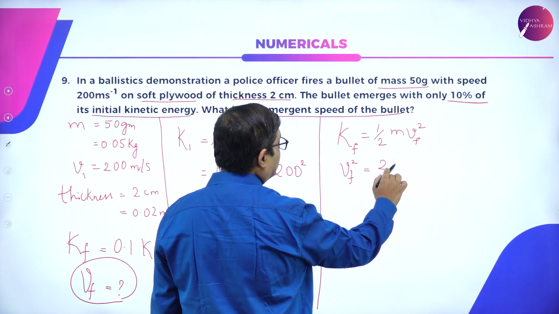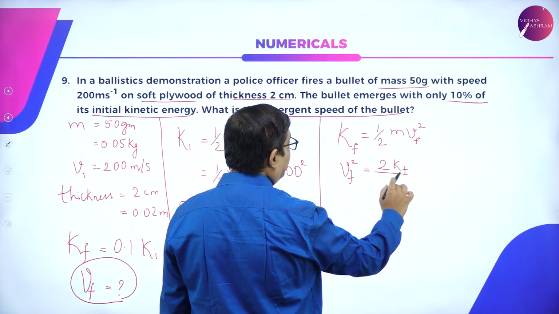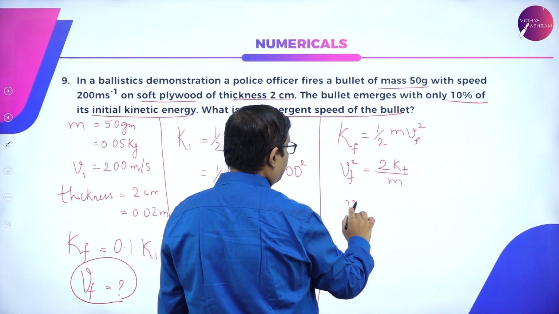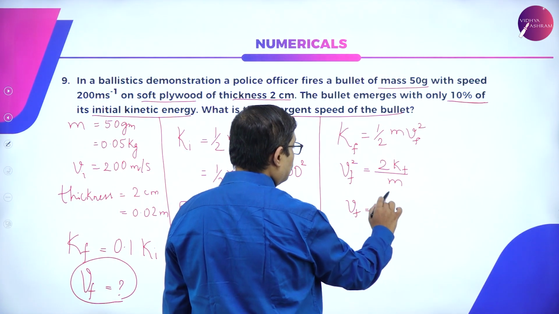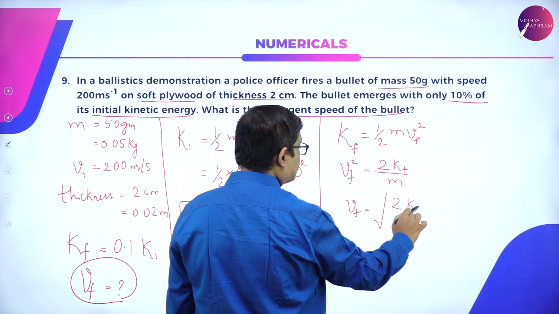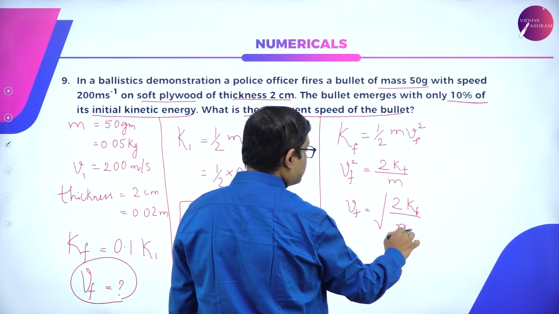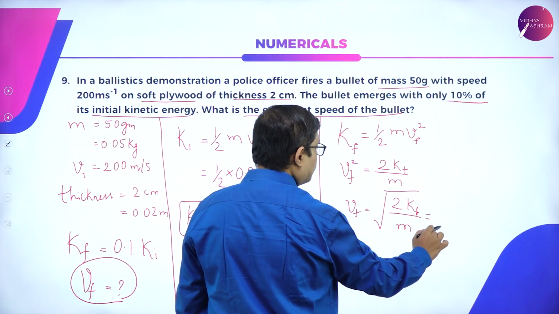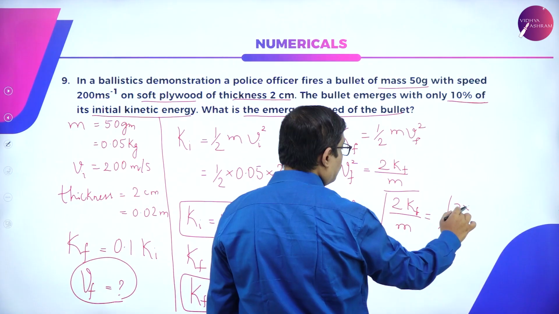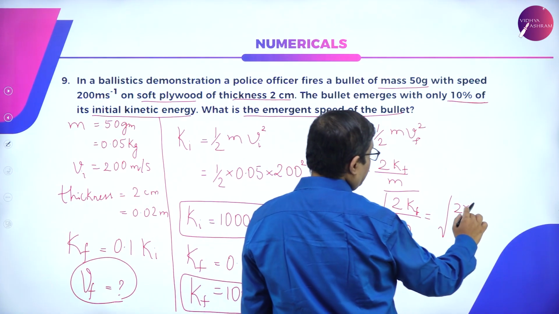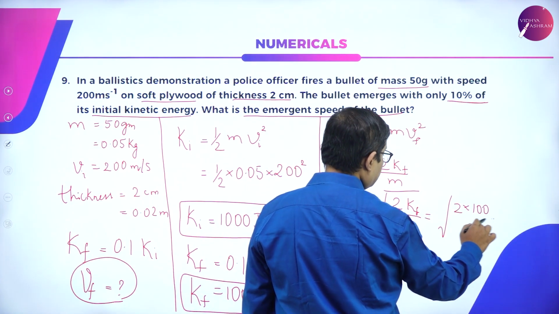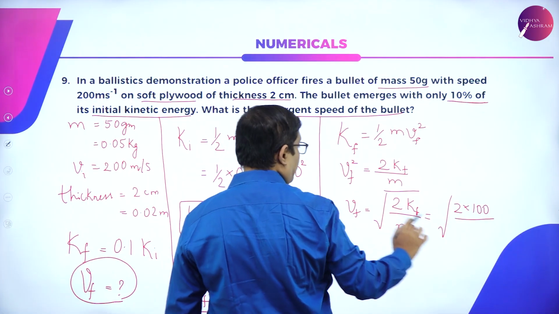Vf square equals 2 kf by m, or final velocity is equal to square root of 2 times the final kinetic energy by the mass. On substituting, I get it as square root of 2 into final kinetic energy is 100 joules divided by mass is 0.05.